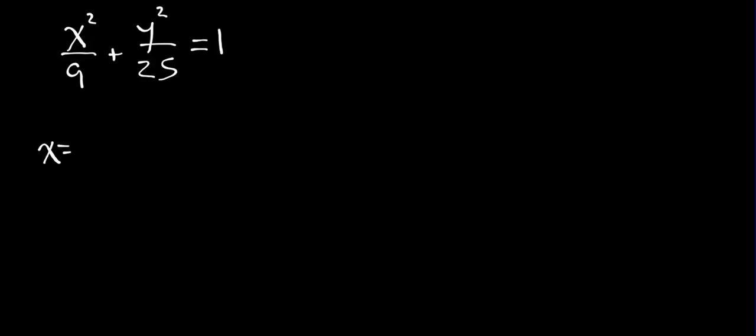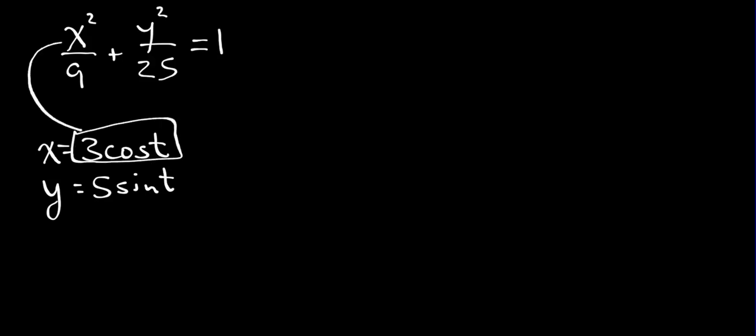Let's let x equal 3 cosine t and y equals 5 sine t. And let's see if that works. In other words, I want to find out if I put this value in for x and this value in for y, will this left side equal 1? If it will, then I found a way to parametricize this curve. So let's try it out.